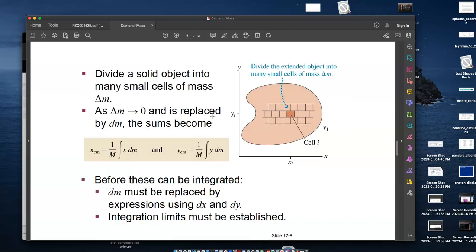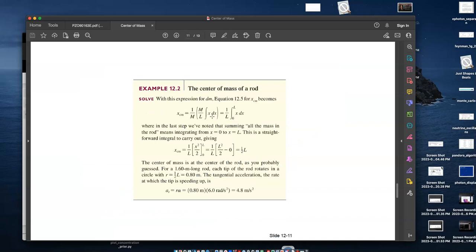Now we're integrating x, and then it's calculus, so x becomes x squared over 2, the big Ms cancel, we're still left with the 1 over L, and we're integrating from 0, which we defined as the starting point at one end of the rod, to the length at the other, and we get L squared over 2, and we finally get 1/2 length. So we took the long way around for a very intuitive answer: for a uniform rod, the center of the rod is also the center of mass.